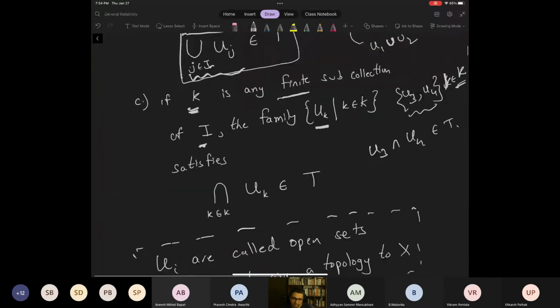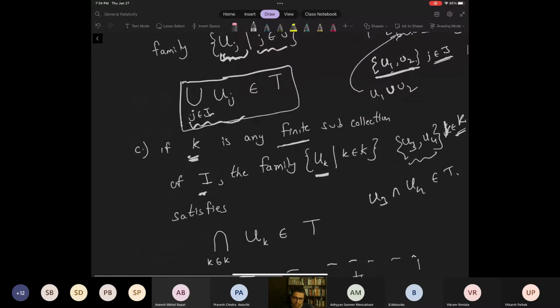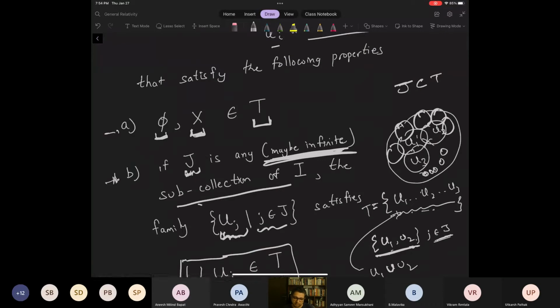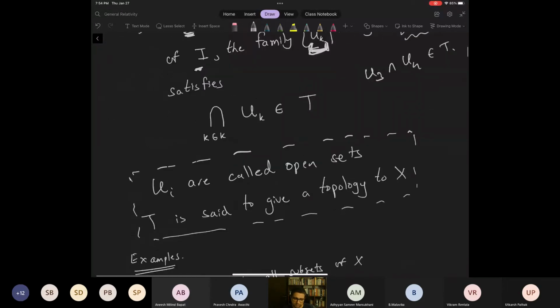But when I take the intersection, the set of subsets that I'm considering is always finite. So I don't take an infinite collection of these. I only take a finite number of these. I pick them out from T, take their intersection, and the intersection must belong to T.